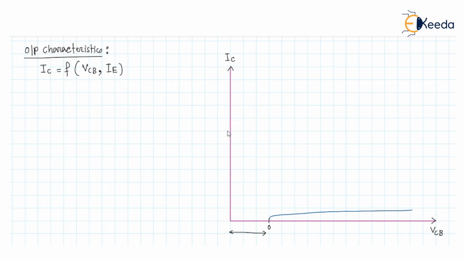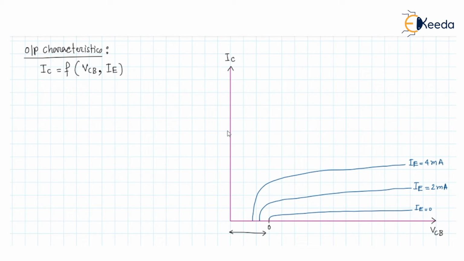When we increase the IE value, then we will get a curve like this. So let us assume now the IE value is 2 milliampere. Similarly, if we increase the IE value to 4 milliampere, then the curve will look like this.